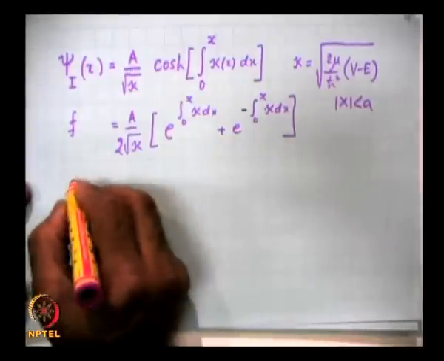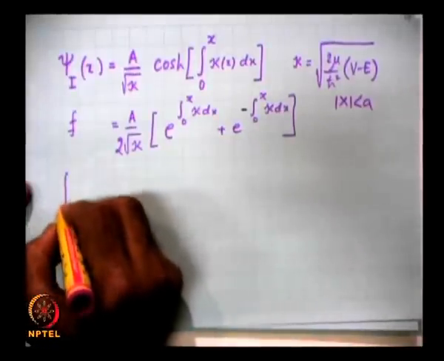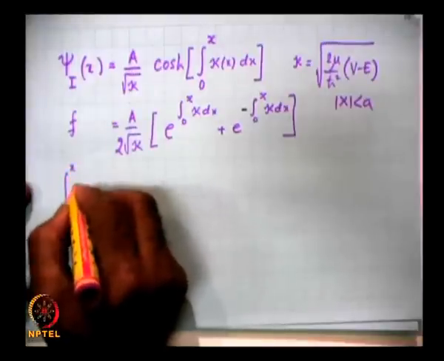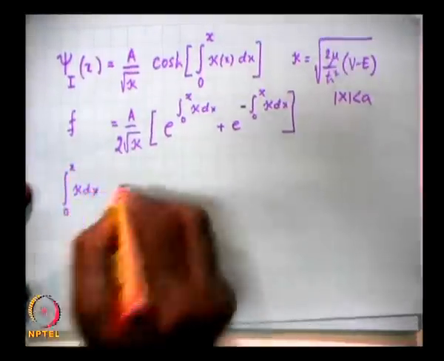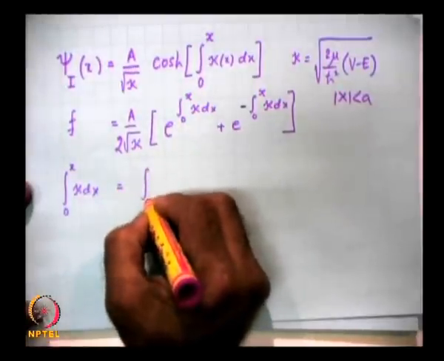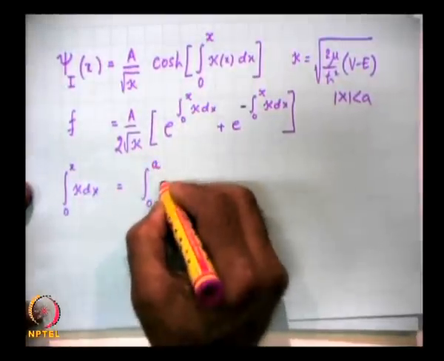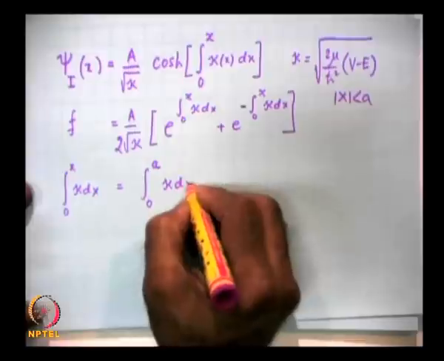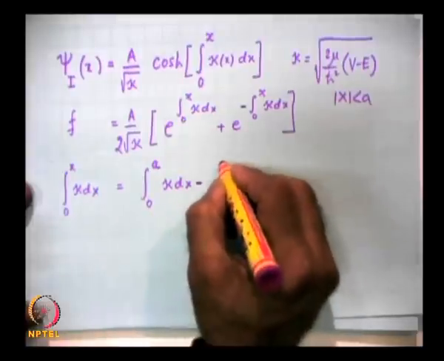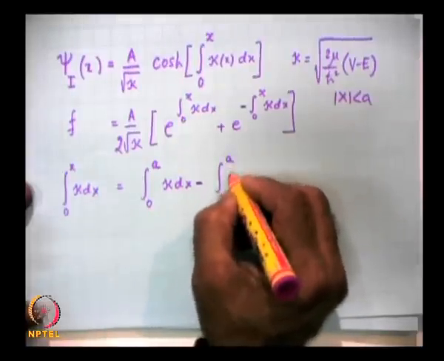And then the trick is that you write the integral from 0 to x of kappa dx is equal to the integral from 0 to a of kappa dx minus the integral from x to a of kappa dx.